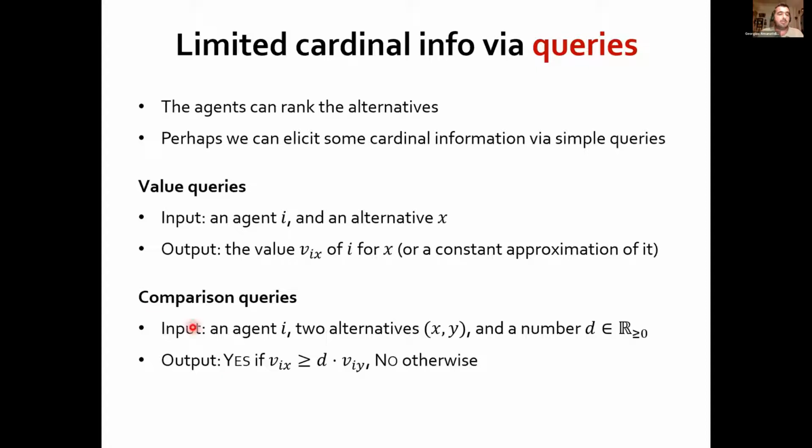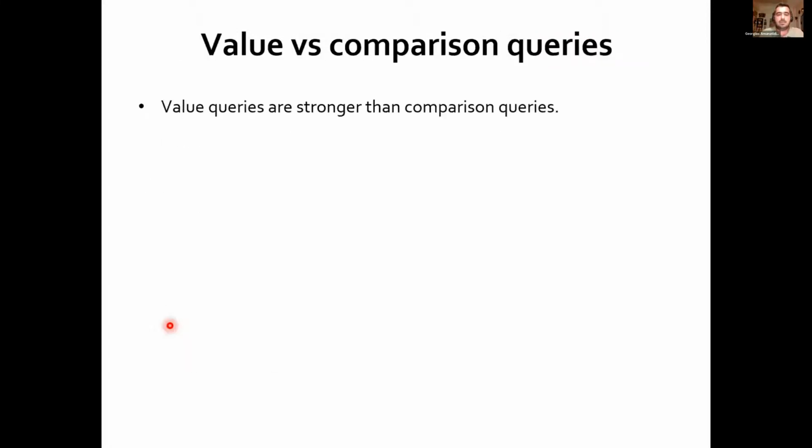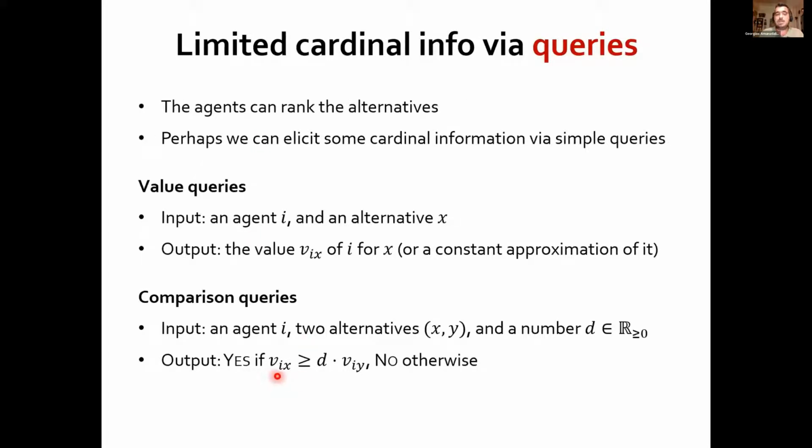So, why comparison queries? Because this is a type of query that is not extensively studied, but it's easy to see that these are a weaker type of query, in the following sense. For any comparison query, it suffices to ask 2 value queries. If we know V_iX and V_iY, then we can directly answer the query.